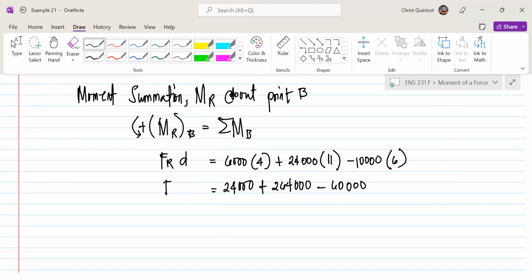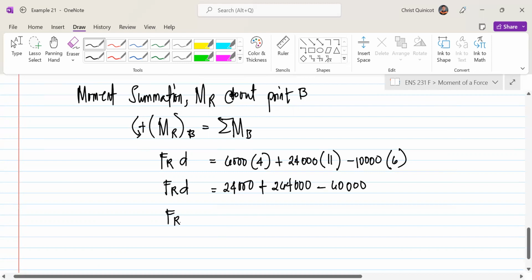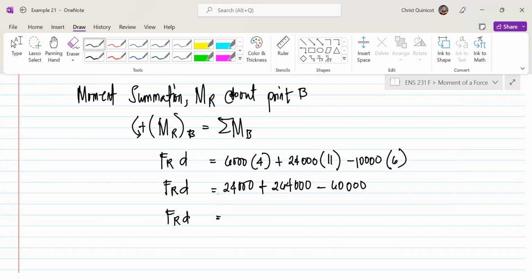So the moment of F sub R is 24,000 plus 264,000, that's 288,000, minus 60,000, which is equal to 228,000 pound-feet.